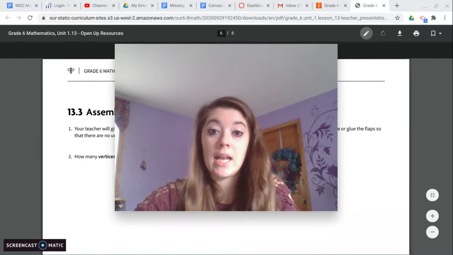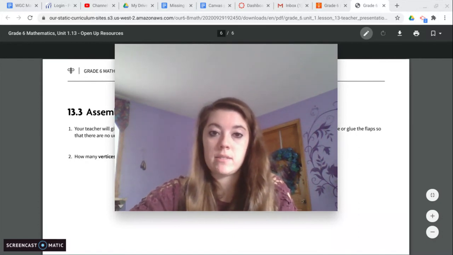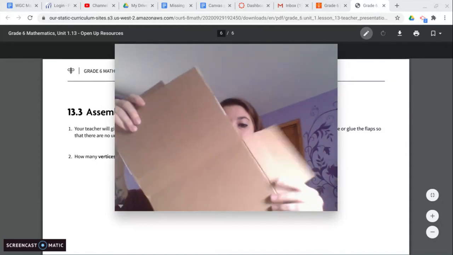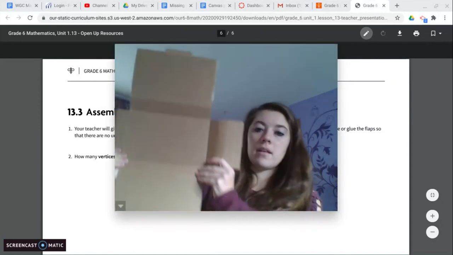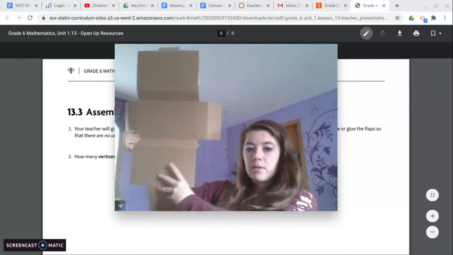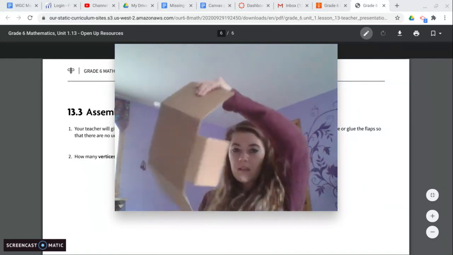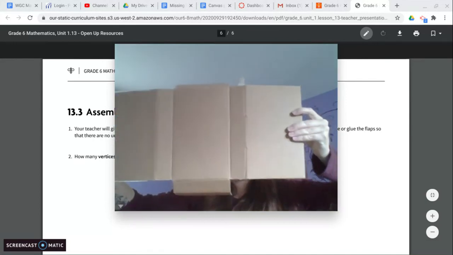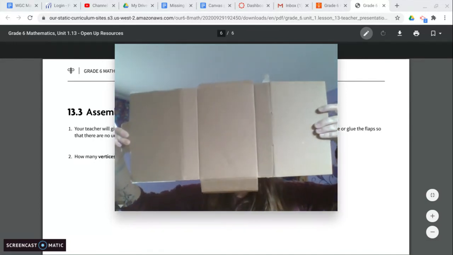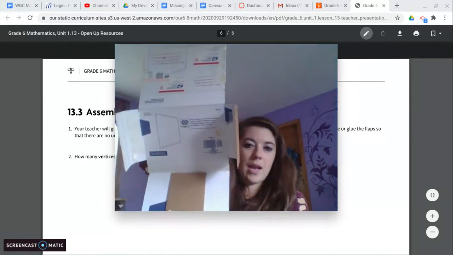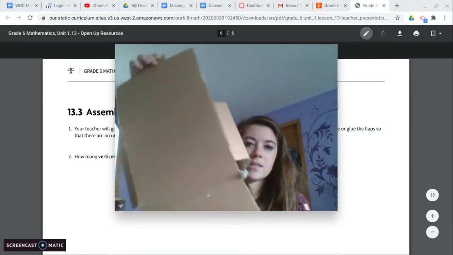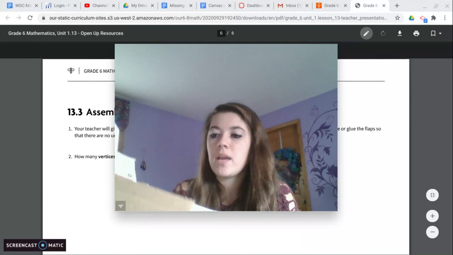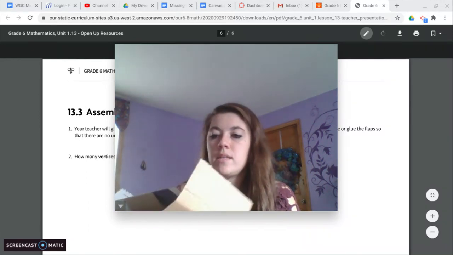Now my net is not a true net because it has some extra pieces to it because it's technically a box that I've taken apart. But this is a net. So we're going to ignore this part down here. So we've got this right here for a rectangular prism. And this is my net. So we can lay it out all nice and flat. Now, to assemble this, we bring in all the different pieces.